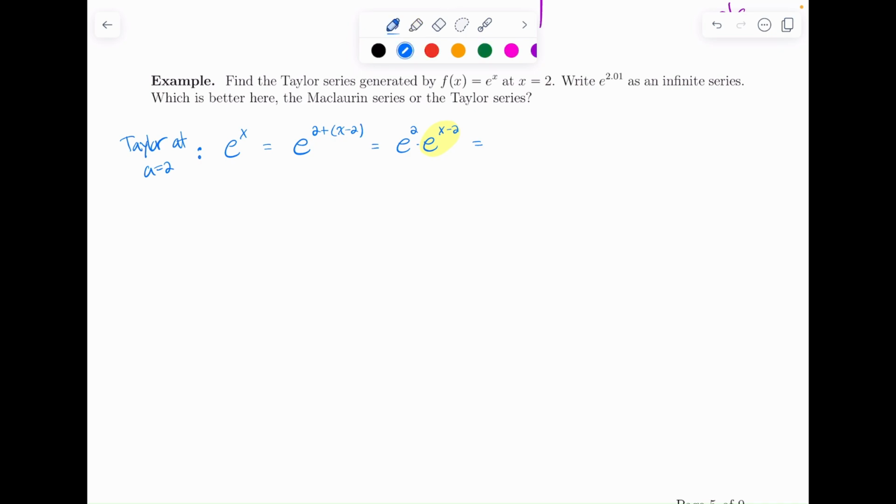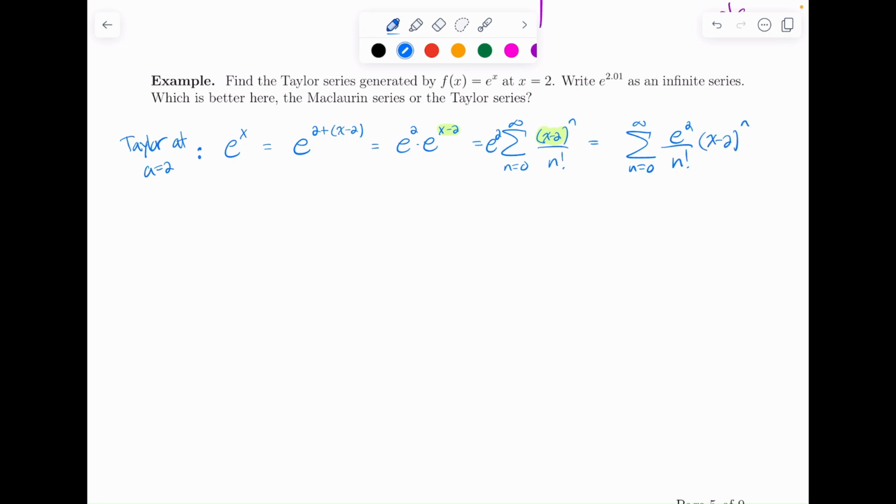So if I already know exponentials look like a series starting at 0 of the variable to the n over n factorial, the new variable at play isn't x, now it's x minus 2. We still have e squared out here. So if I put it all together, I have a series now starting at 0 of e squared over n factorial times x minus 2 to the n.